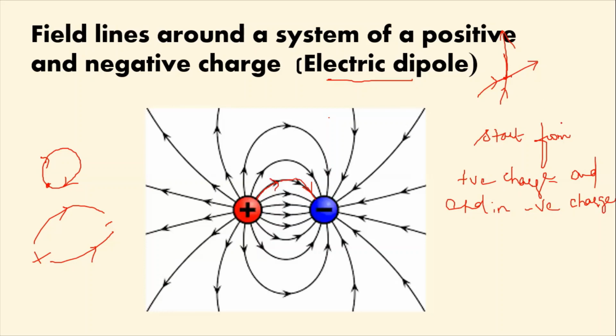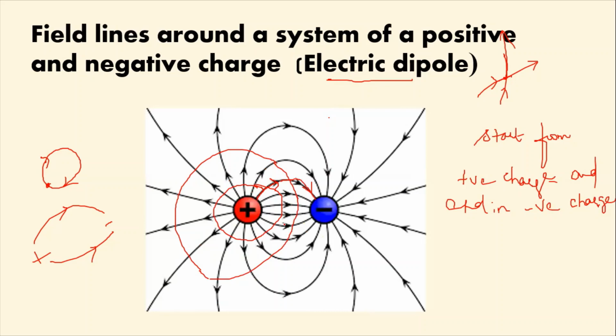And once again, if you see the field lines near the charge, they are crowded, right? There are so many field lines. As you go farther, the number of field lines per unit area is lesser compared to closer to the charge. So the field lines get crowded near the charges.